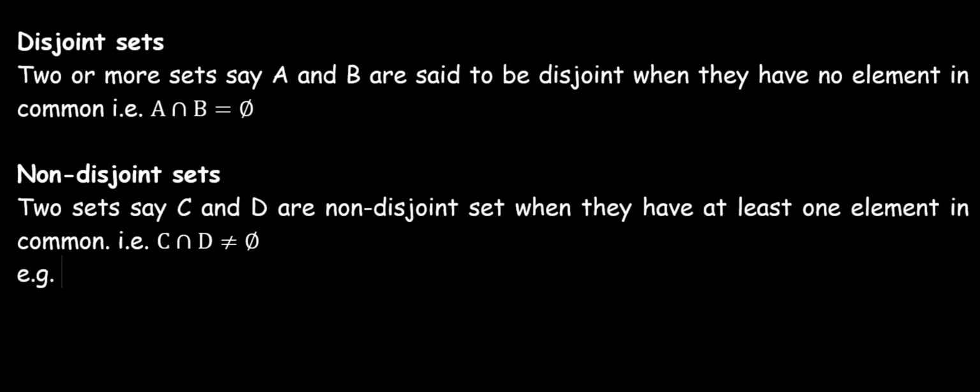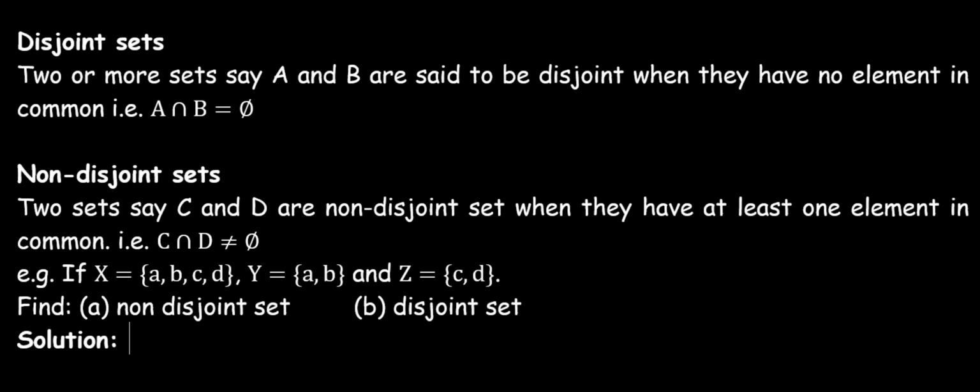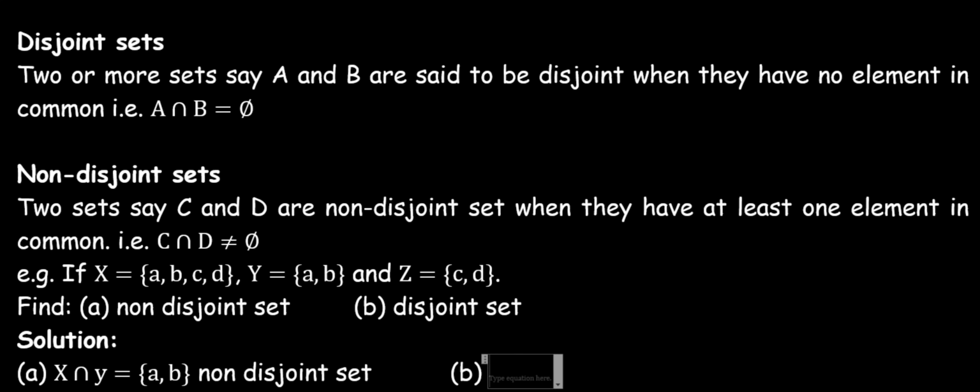Example: if the set S is equal to A, B, C, D, and the set Y is equal to A, comma B, and the set Z is equal to C, comma D. Find the non-disjoint sets. Solution: S intersection Y is equal to A, comma B. They are non-disjoint sets. Y intersection Z is equal to the empty set, which is to say they are disjoint sets.